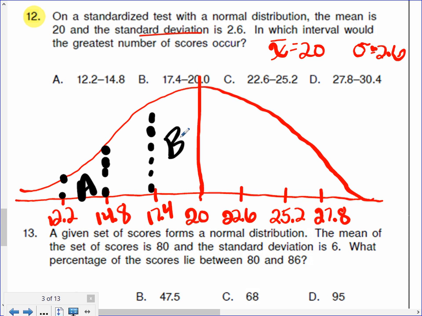B is right here, 22.6 to 25.2. C is right there. D is way over here. That's like 0.2%. It's not 3 standard deviations away, it's 4 standard deviations away. 1, 2, 3, 4.